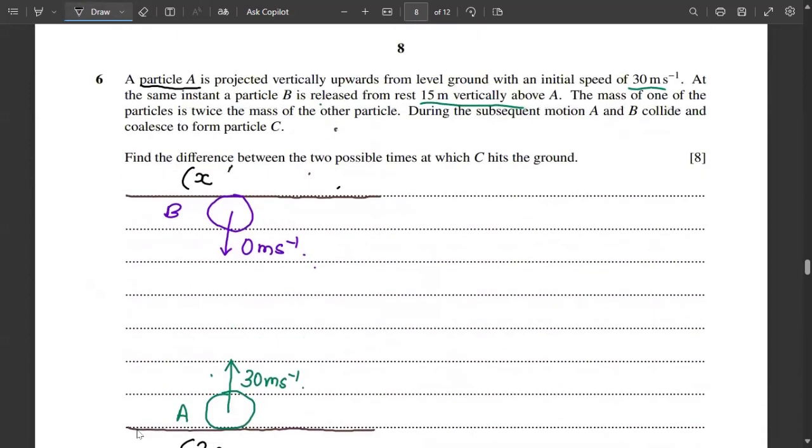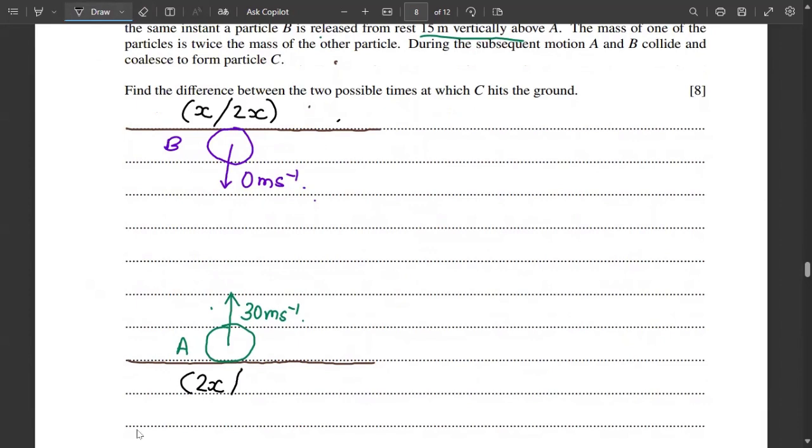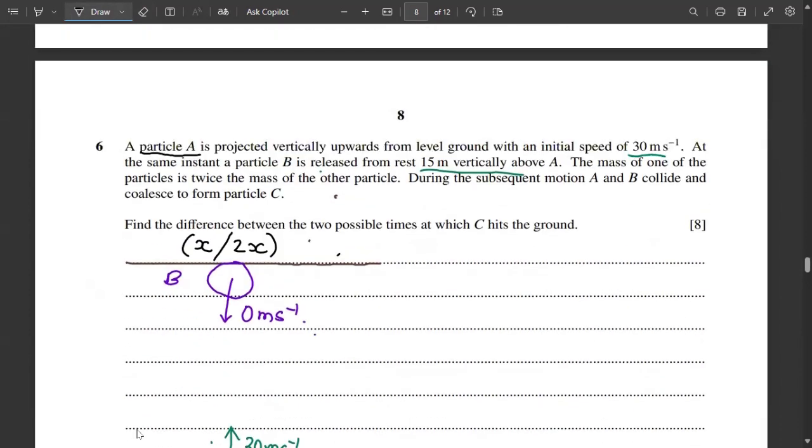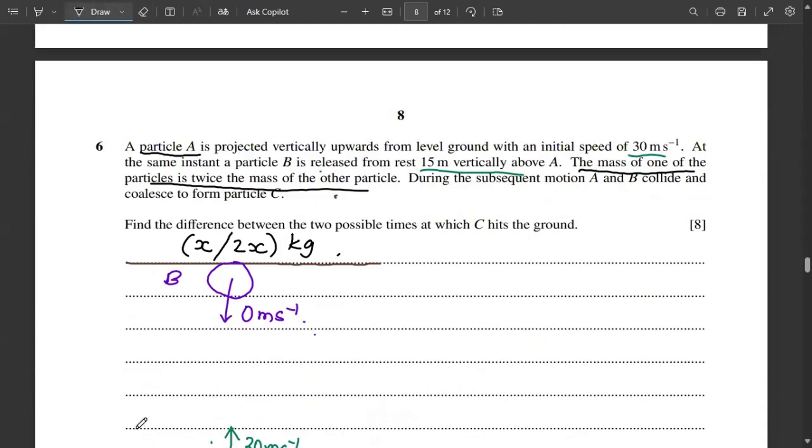Or if the mass of B is 2x, then the mass of A will be x. The mass of one of the particles is twice the mass of the other particle. Now, we don't have to consider both, we have to exclude one, we have to make a case. What we have to exactly do, we will find out now after reading the question.